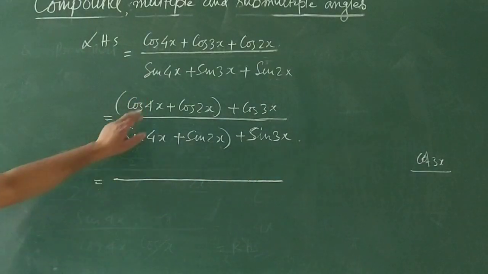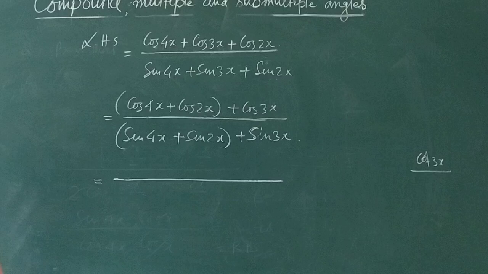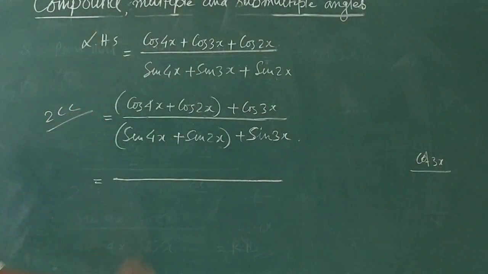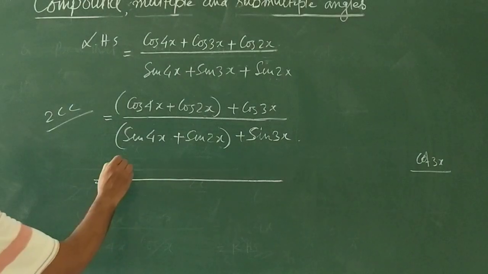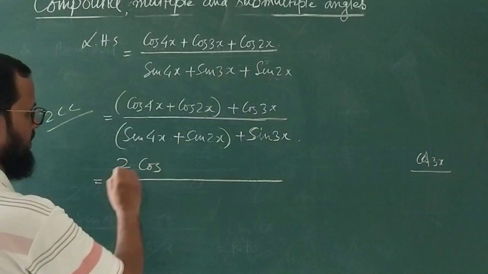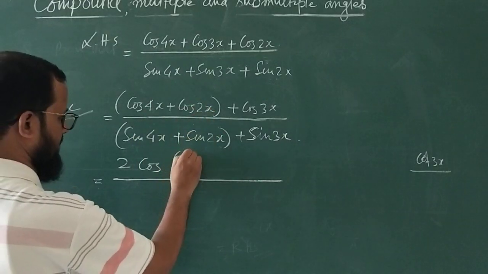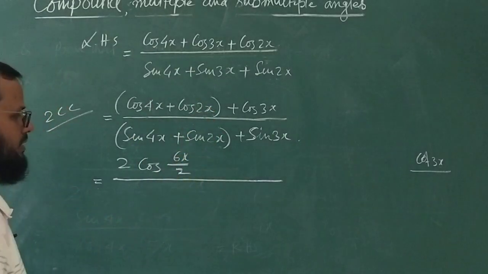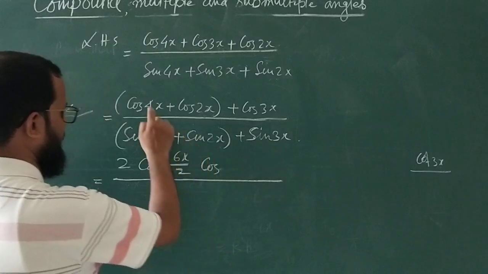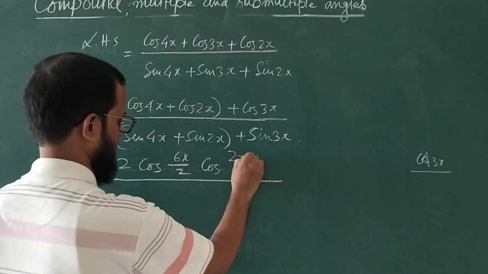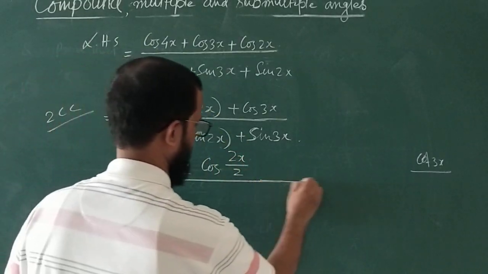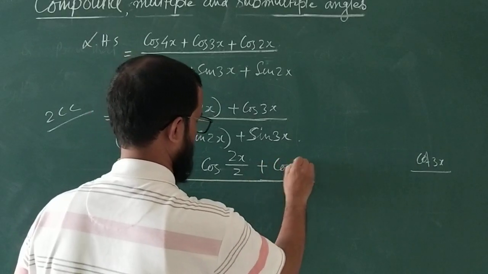Now here cos c plus cos d. cos c plus cos d फॉर्मूला क्या था? 2cc. दोनों cos होगा, 2 cos (c plus d) means what? 4x plus 2x, 6x by 2 into cos (4x minus 2x) means twice x by 2, plus cos 3x.